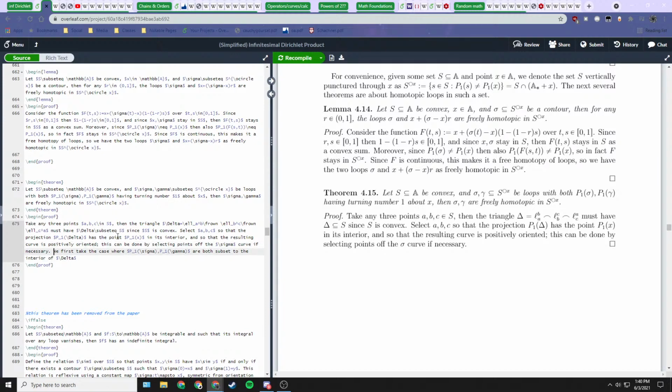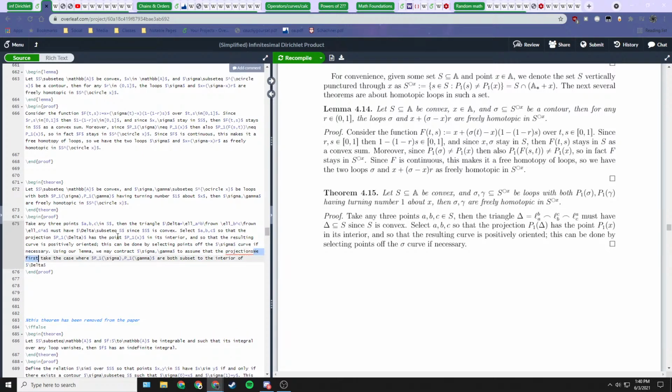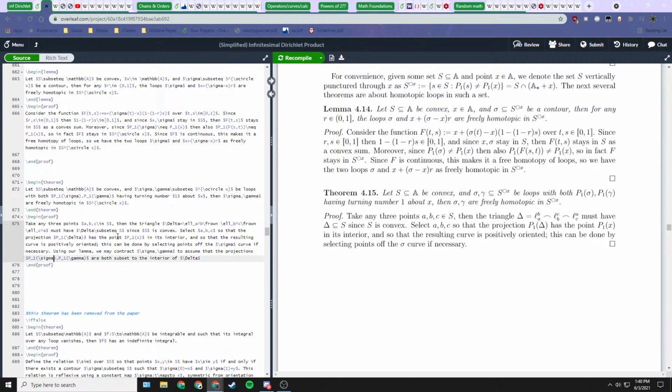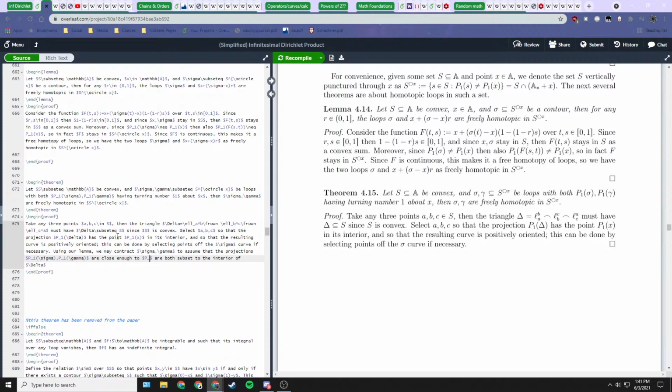Or rather, we can be a little more generous with this. Using our lemma, we may contract sigma, gamma to assume that the projections P1 gamma are close enough to P1 of X so that they are subset to the interior of delta. Okay, so we've placed these inside delta.